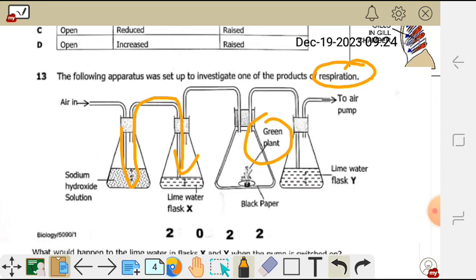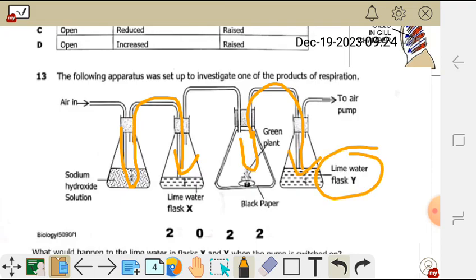So during respiration, what will happen is that oxygen is going to react there, and the product is going to be carbon dioxide. So we are expecting release of carbon dioxide by the plant, which now will turn this lime water in Y cloudy. So here it is clear, there it will be cloudy. Why? Because carbon dioxide here is produced, and then when it is being produced, it is going to react with this lime water and turn it cloudy.